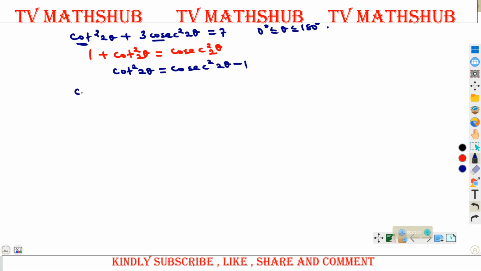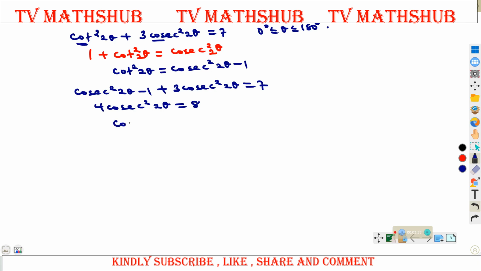Doing that, we shall have cosec squared of 2 theta minus 1 plus 3 cosec squared of 2 theta equal to 7. This will give us 4 cosec squared of 2 theta is equal to 8. So divide through by 4 and you will get cosec squared of 2 theta equal to 8 divided by 4.